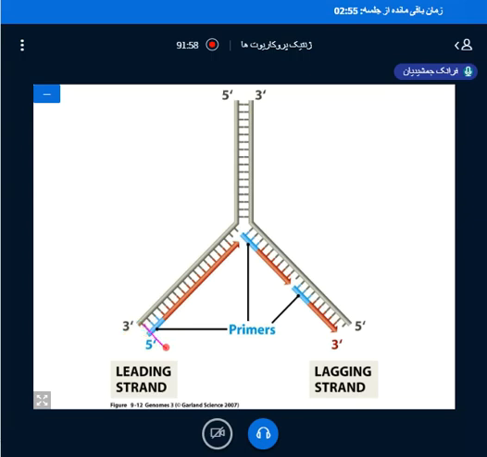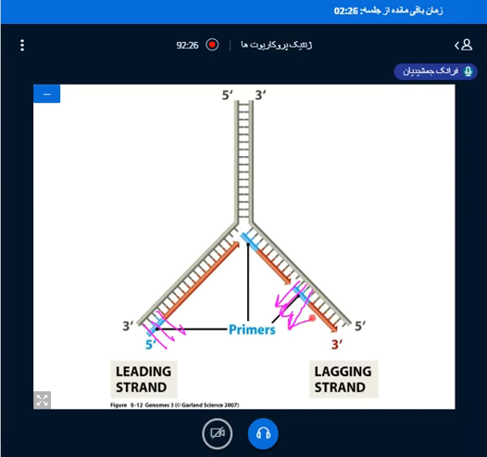It can remove from this part. So what does it mean? It means it can remove primer. DNA polymerase 1 can remove from 5', so it can remove primer.